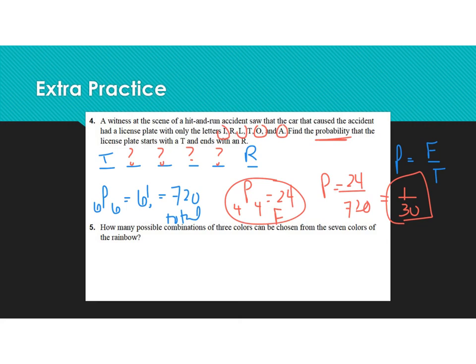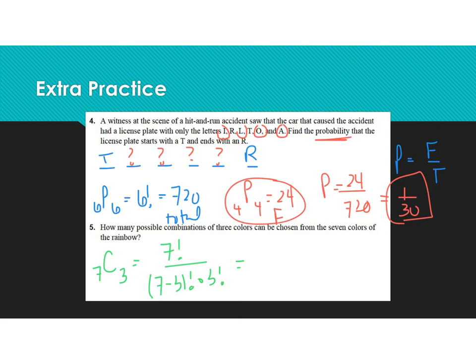combination, okay? So referring back to your formulas, we're going to have 7 colors. Combination, we're going to take 3 of them at a time. On top it was n factorial, which is going to be 7 factorial. N minus r factorial, 7 minus 3 factorial, times an extra r factorial.